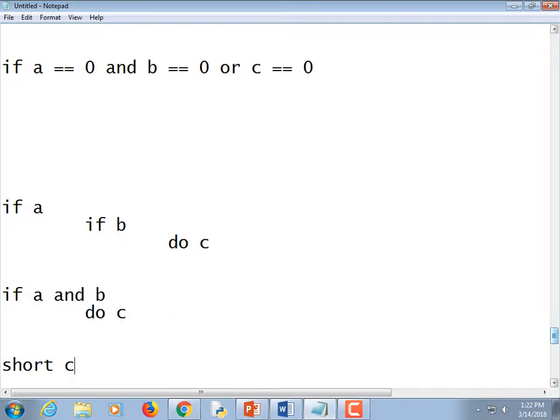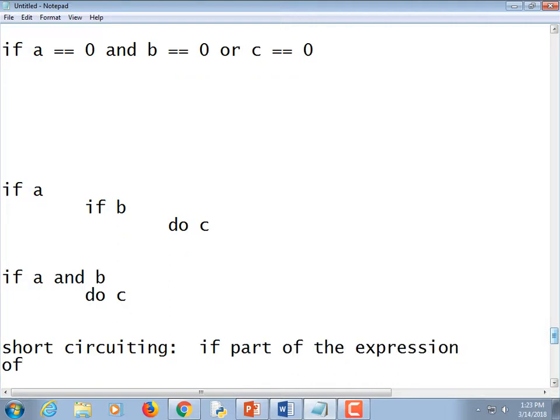Short circuiting sounds bad. Captain, the engines have short circuited. It's not bad. It's a time saver. If part of the and is false, don't evaluate the other part.